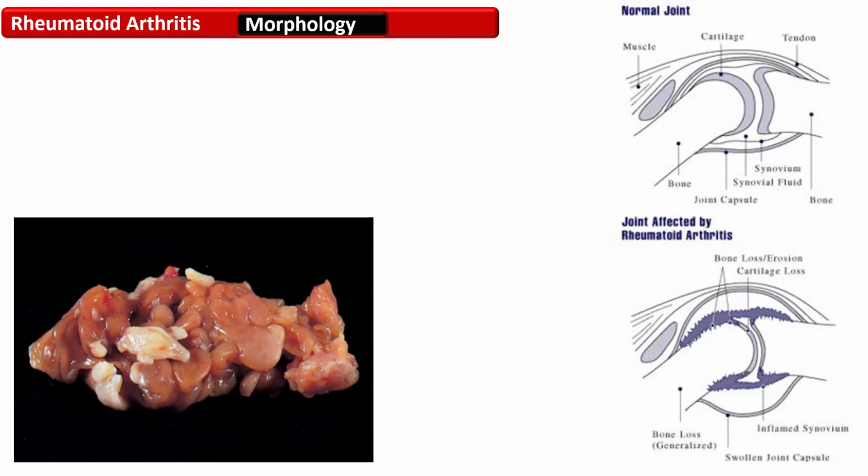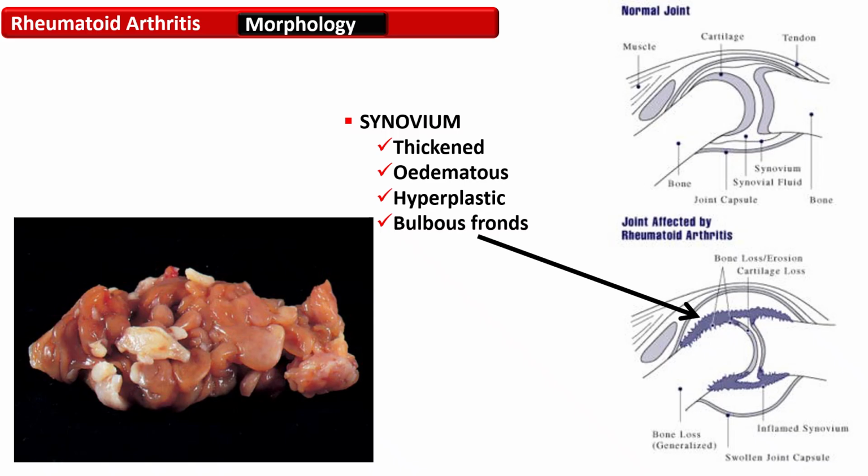As the pathogenetic mechanisms alter the morphology, the synovium becomes thick, edematous, and hyperplastic, and bulbous fronds are formed in this edematous, thick, and hyperplastic synovium.